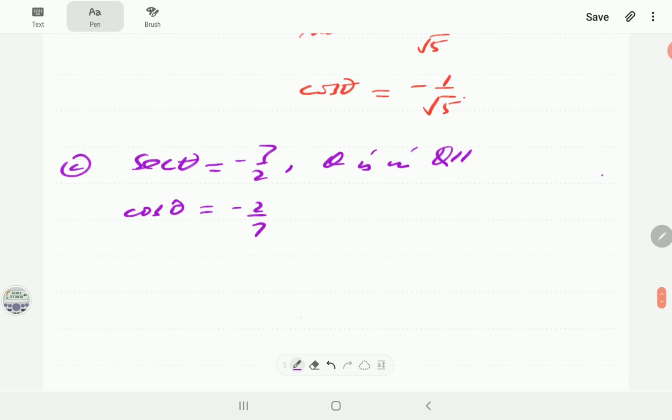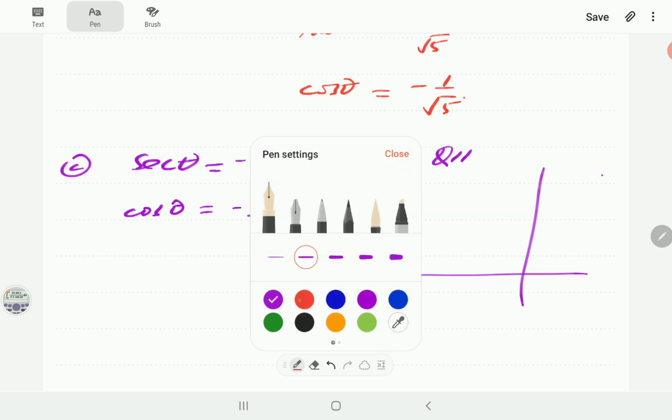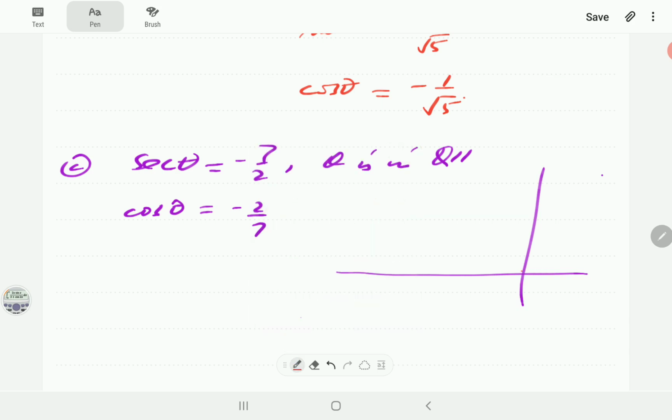Secant is the reciprocal of cosine. Then cosine is going to be negative 2 over 7. So we are in the second quadrant. So cosine is -2, and that is going to be 7. We need to find the y.